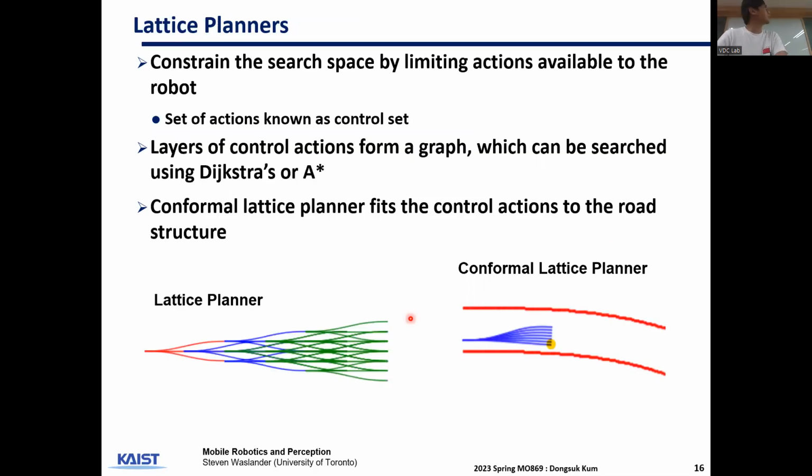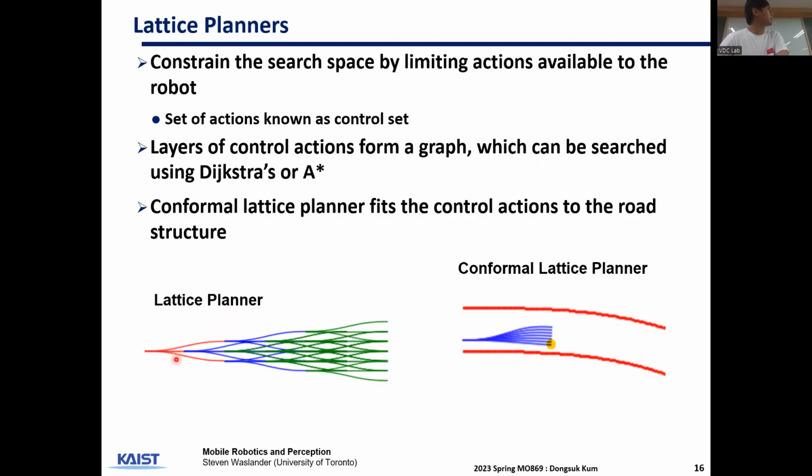Another example is lattice planners. Lattice planners constrain the search space by limiting the actions available to the robot, using a limited set of actions for the robot's control set. In this example, the lattice planner uses 3 possible control sets. At the first iteration, here is the starting position. Then you branch out into 3 possible control states.